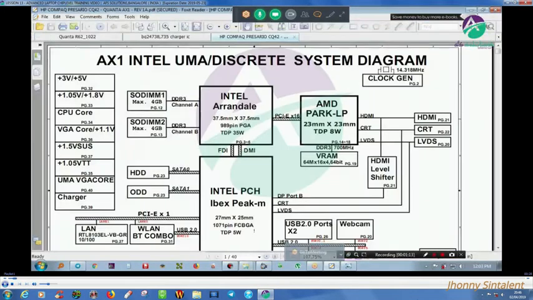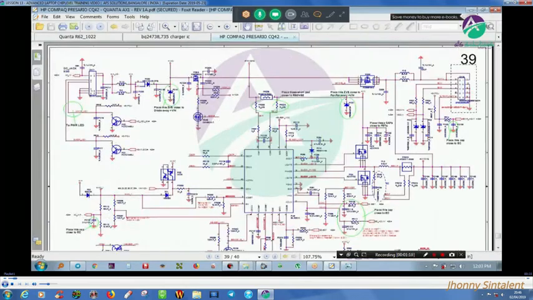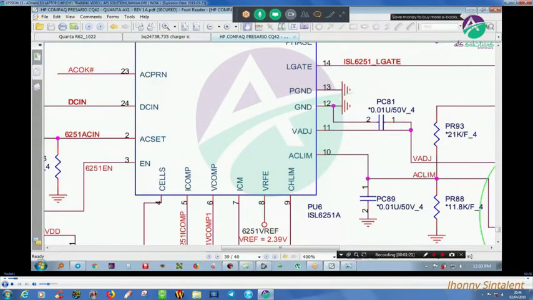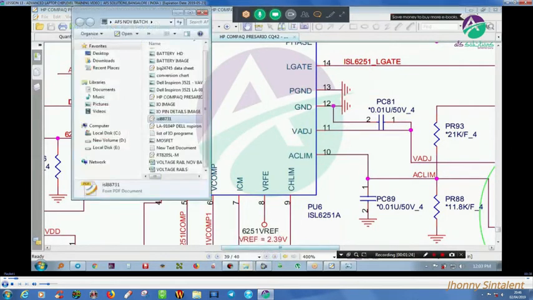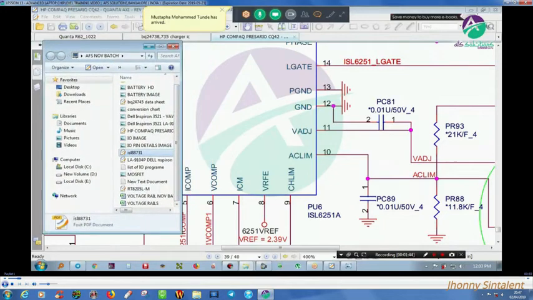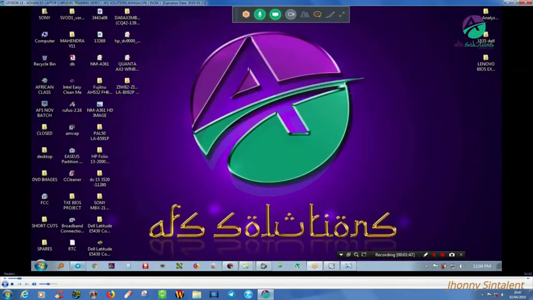So page number 39, ISL 6521. Wait and watch. Okay, ISL 6521, I will open that also.